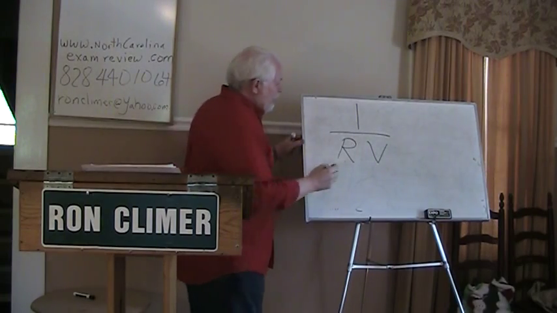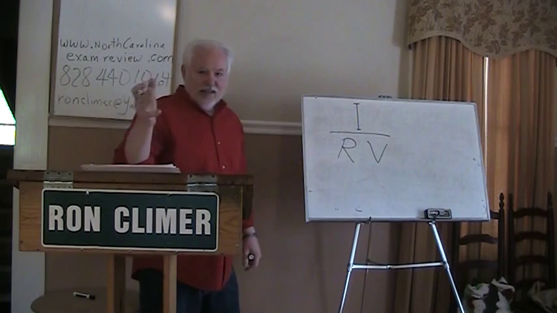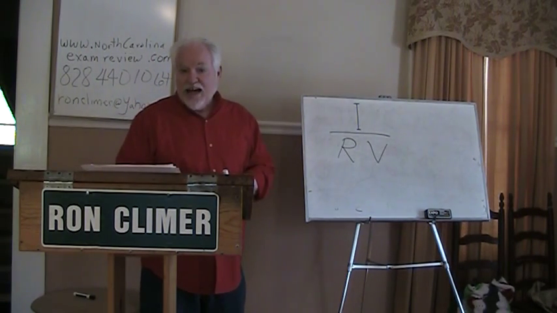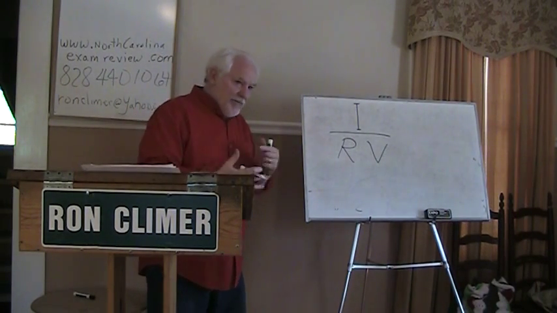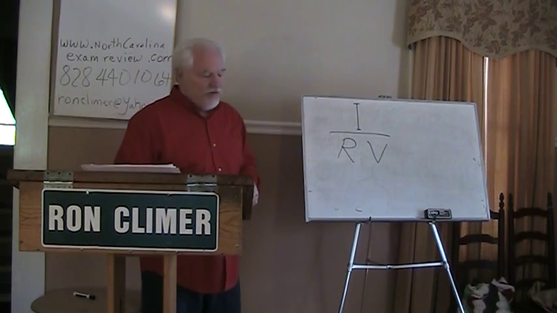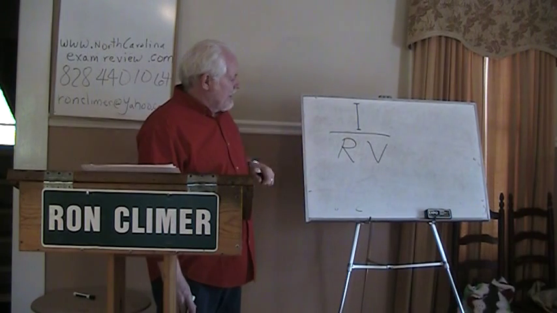Because what you got to know, the I stands for the net income that the property generates. Well, now in this question, question 5, they give us the net annual income. Sometimes they'll give you another kind of income, like the potential gross income or the effective gross income. You got to figure out what that is. But in this case, they give us the net income.